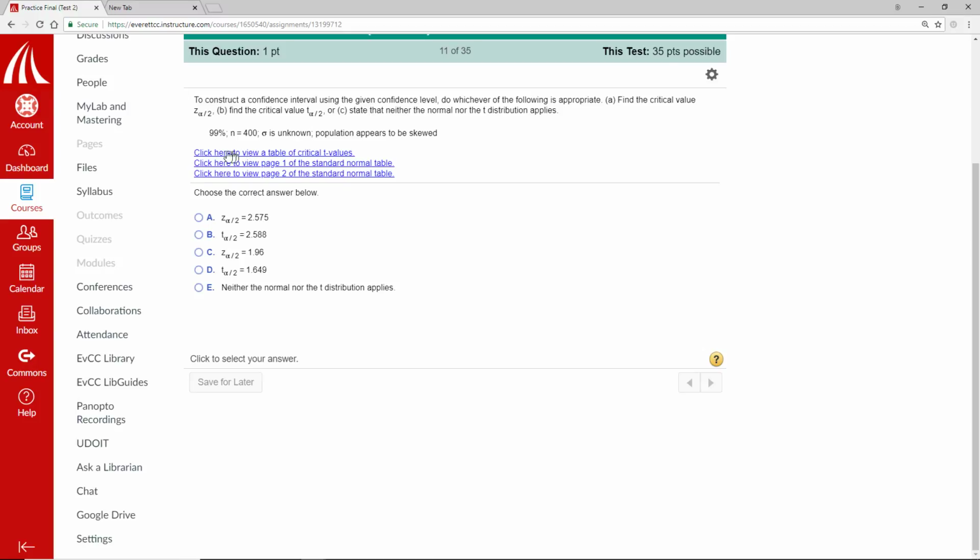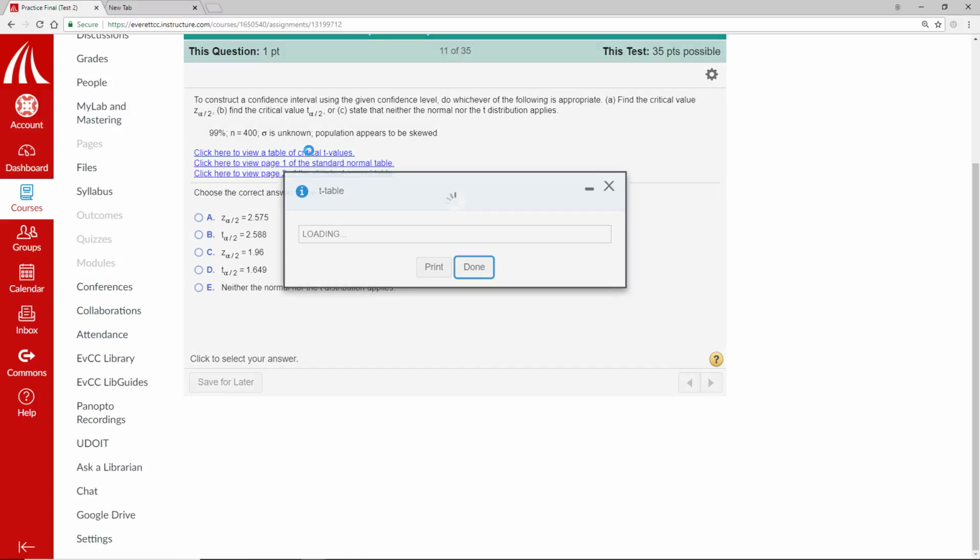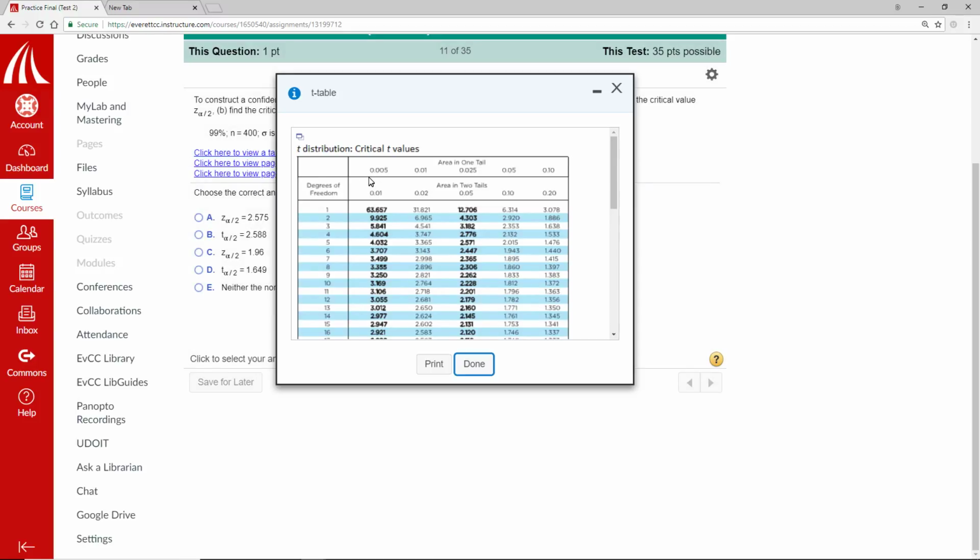And 99%, which means alpha is 1%. So what we could do is get the value this way. Since alpha is 1%, half of alpha is 0.05. Yep, right here. Degrees of freedom, 400.